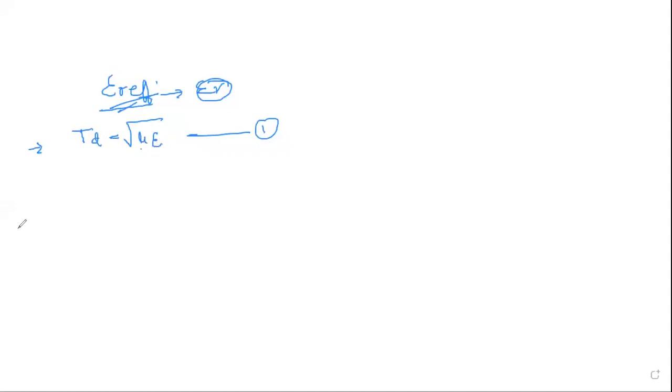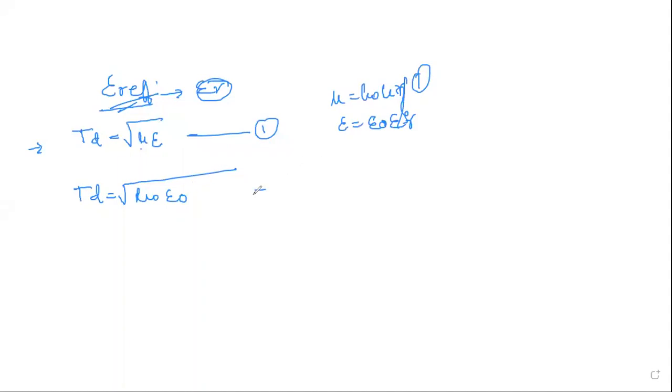So in free space propagation, TD is equal to, you will be writing mu as mu naught into mu R, and similarly epsilon as epsilon naught into epsilon R. Whenever we consider free space, both values go to 1. So you will be left with the square root of mu naught into epsilon naught for free space propagation delay. What is the value of mu naught?